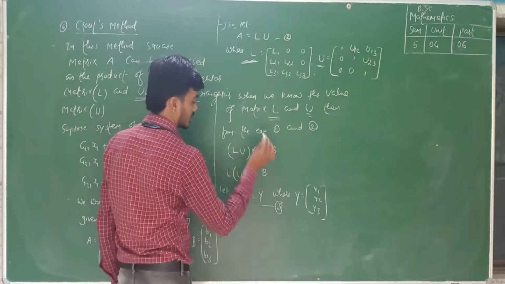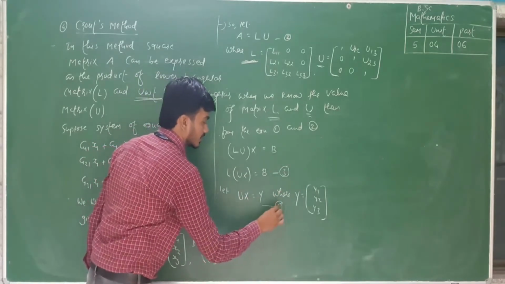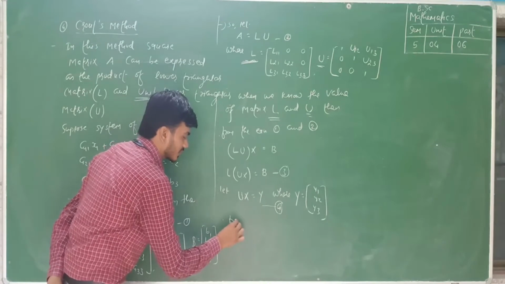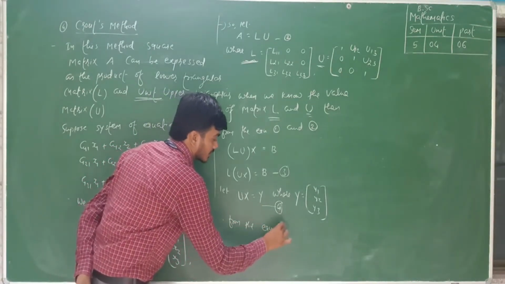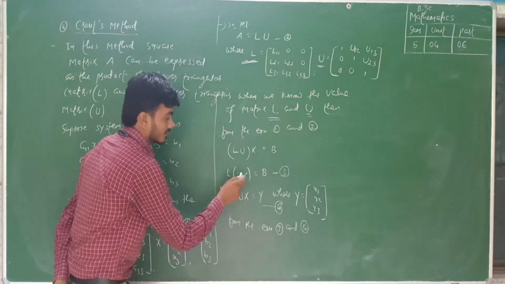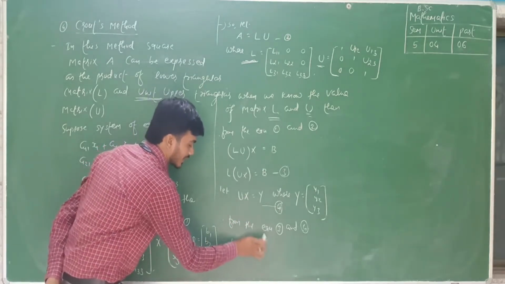This is equation number 3, and this is equation number 4. So UX is equal to Y. From equations 3 and 4, UX is equal to Y. So L into Y is equal to B.